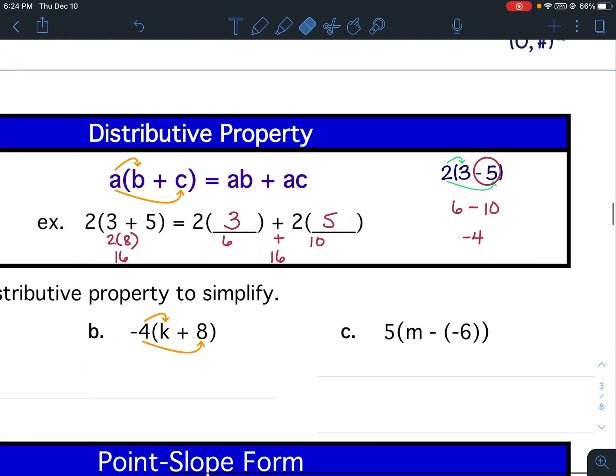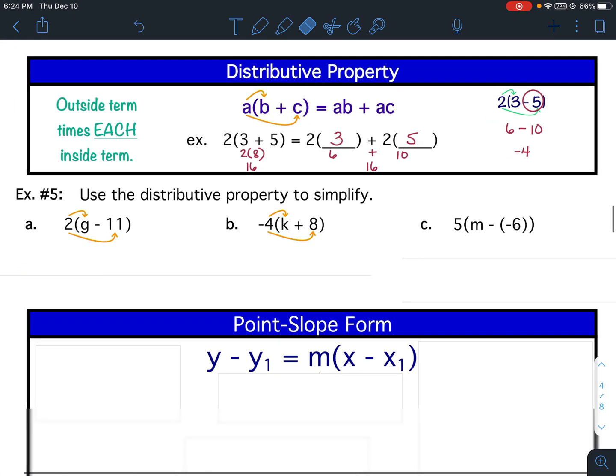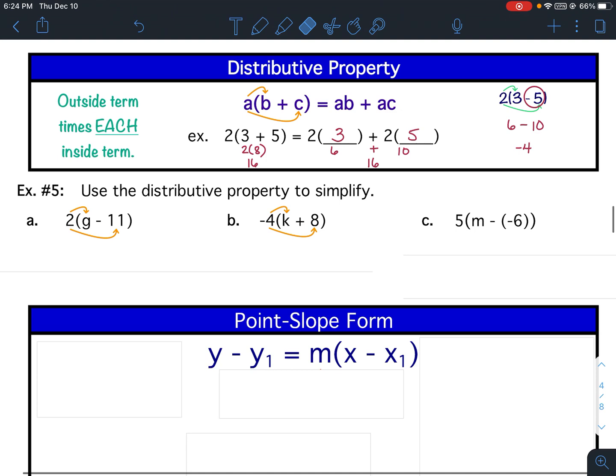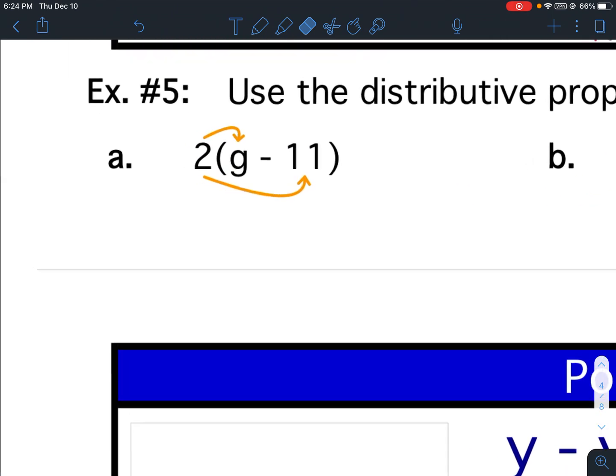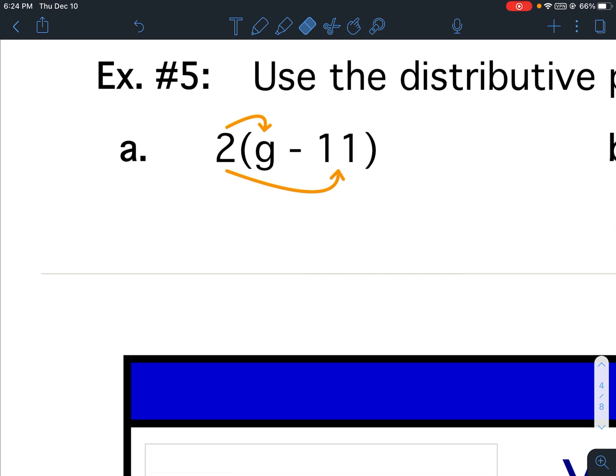All right, so we've covered this before. So let's go ahead and do example 5. So example 5a, the first thing I'm going to do is take 2 times g. Then I'm going to take 2 times negative 11.